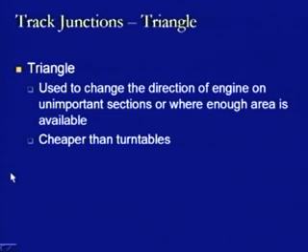That is the type of facility known as a turntable, but it is very costly and requires a large amount of energy. Whereas, the triangle does not require any extra energy, only some directional movement, by which we can reverse the direction of the engine.